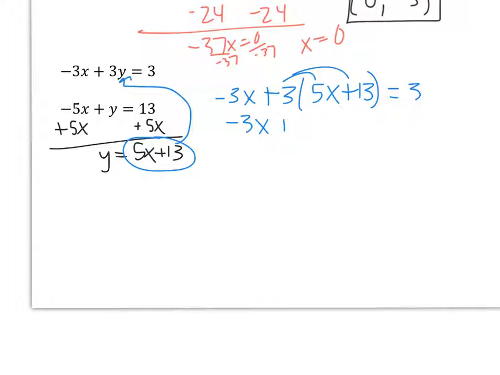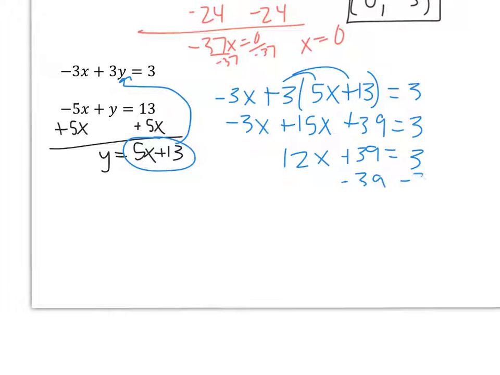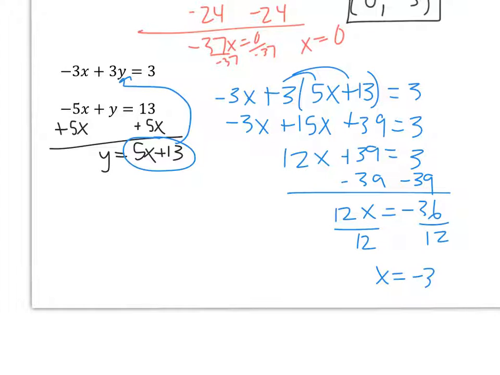Distribute that 3 and get plus 15x plus 39 equals 3. And then negative 3x plus 15x is 12x plus 39 equals 3. And I'll subtract 39 and get 12x equals negative 36. Divide everything by 12 and get x equals negative 3.